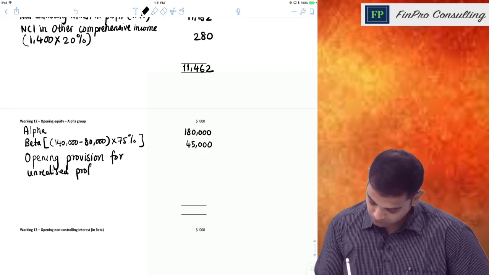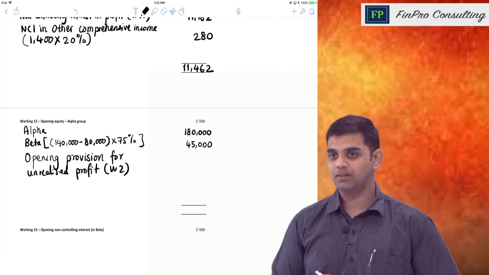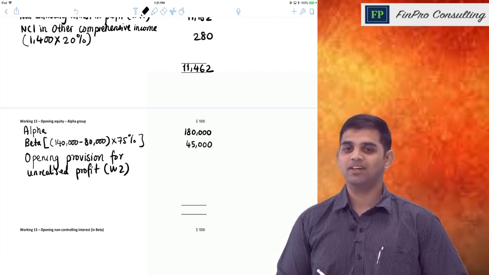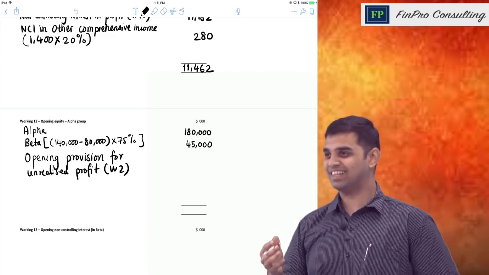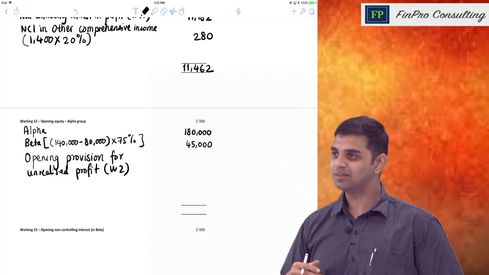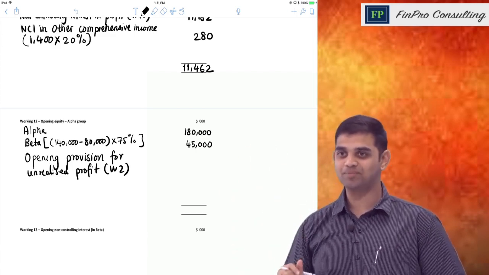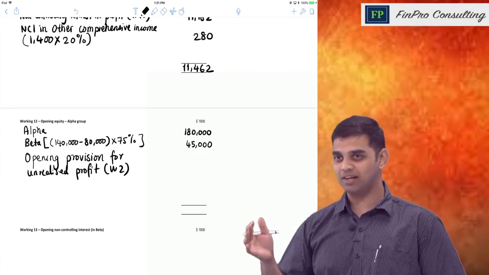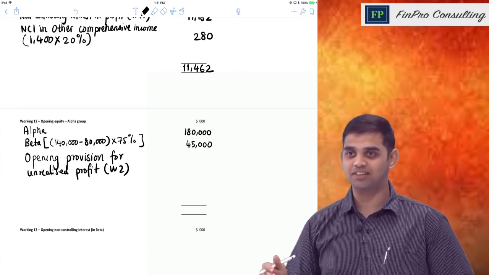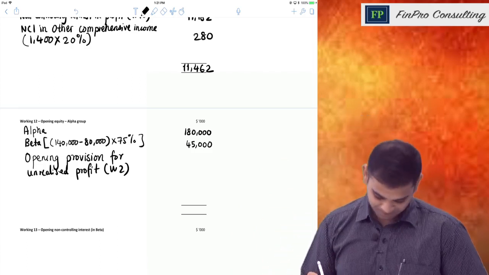Working note number 2. 360. Add or less? Add or less? Less, of course. Last year I reduced the profit. This year I reversed it, but last year I reduced the profit, no? So last year's closing balance, net assets should have been reduced or increased? It should have been reduced, right? So 360 is less.